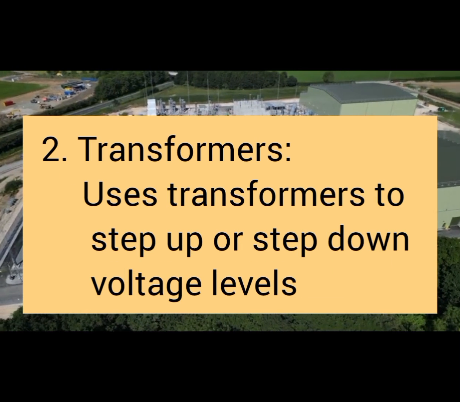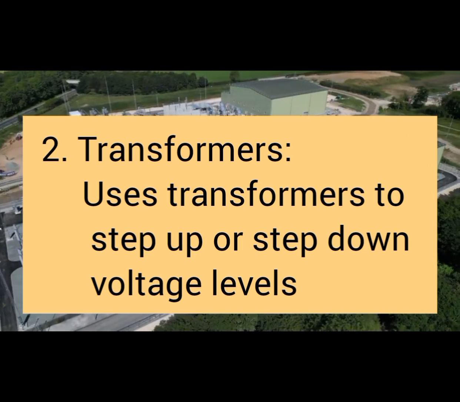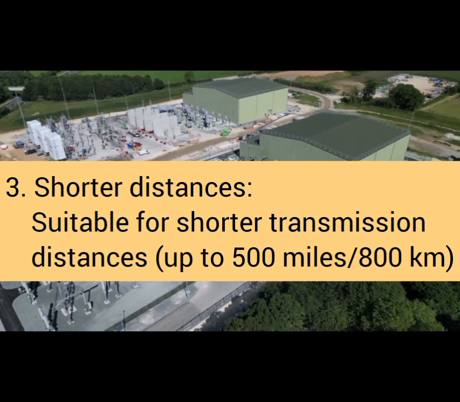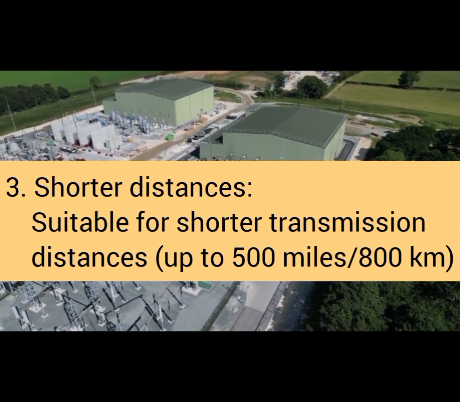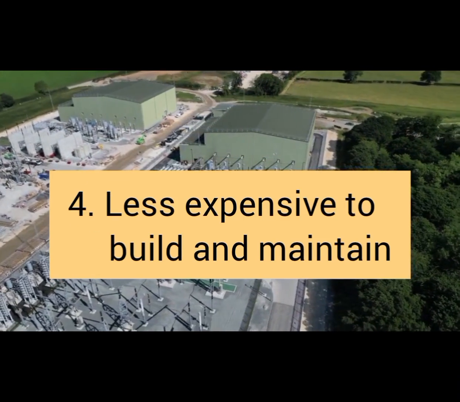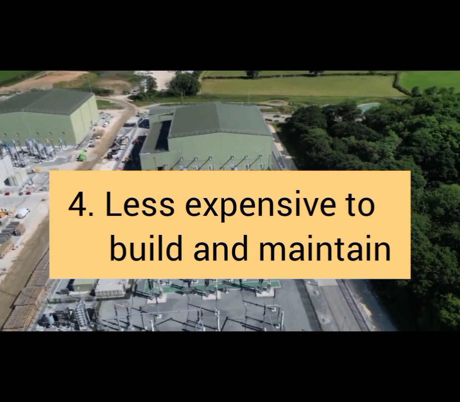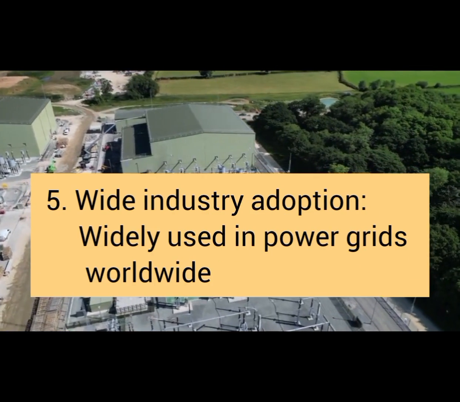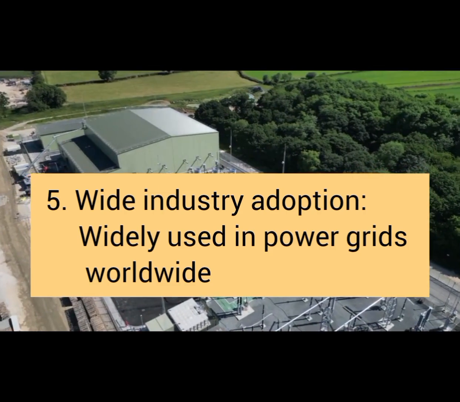Uses transformers to step up or step down voltage levels. 3. Shorter distances. Suitable for shorter transmission distances up to 500 miles (800 kilometers). 4. Less expensive. Generally less expensive to build and maintain. 5. Wide industry adoption. Widely used in power grids worldwide.